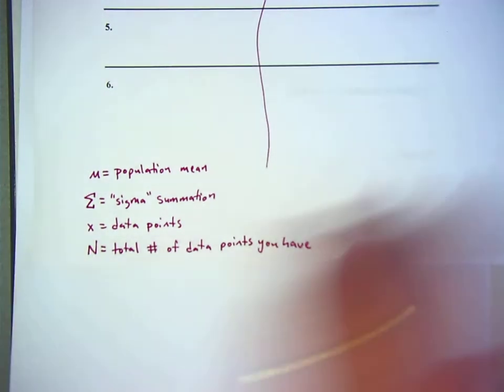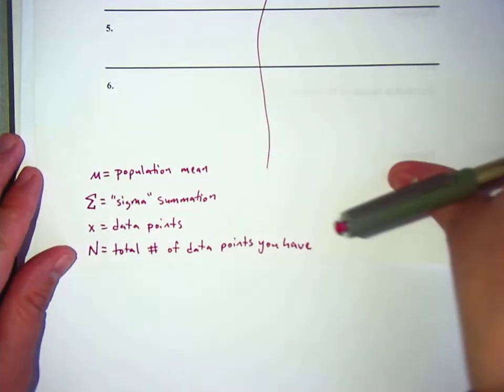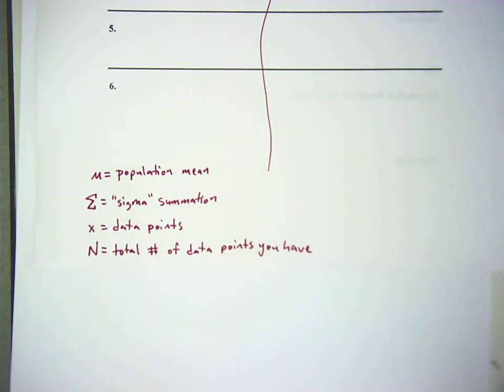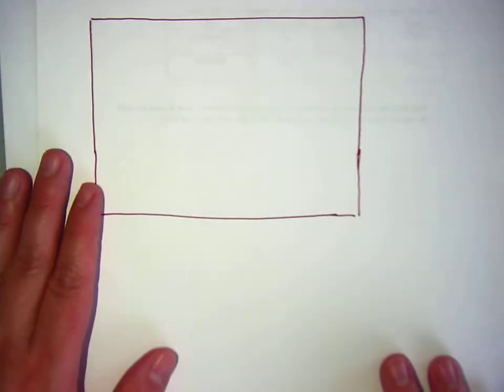Okay, so we're going to then move over to the population standard deviation example we're going to do. So on the example, I want you to make a chart. And you're going to make it 7 rows and 3 columns.